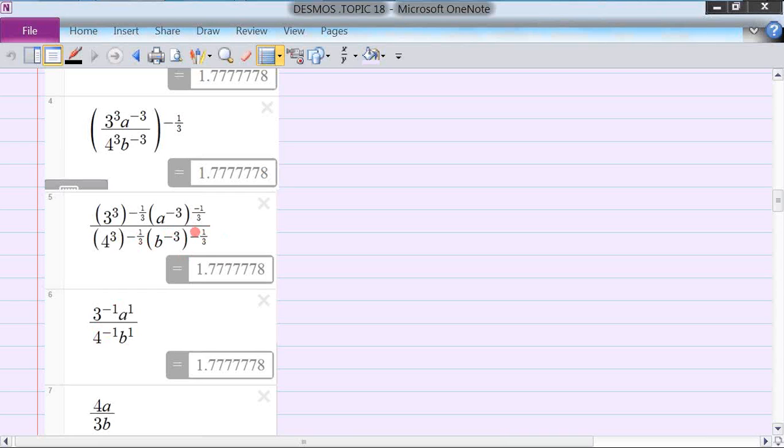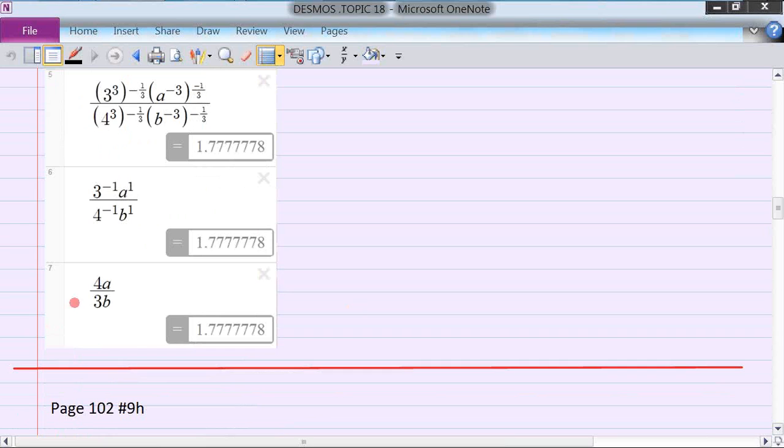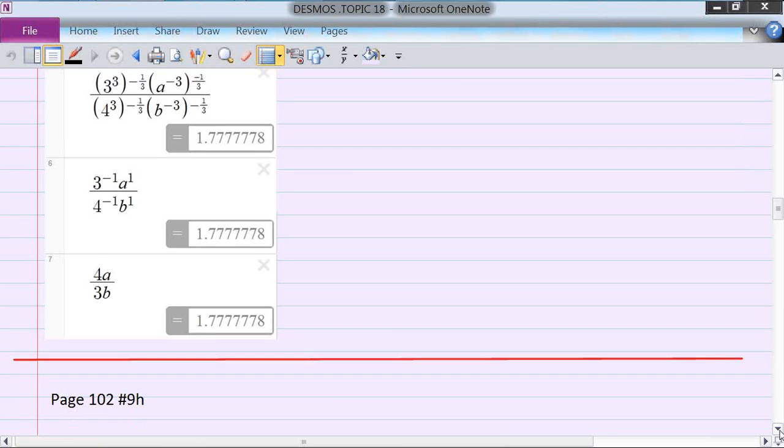And this times that will give me b to the 1. Now I move this down because it's 3 to the minus 1. This is an implied 3 to the 1. And I move this up and it becomes 4a over 3b. These don't change because they have positive exponents. I'm leaving everything with positive exponents, and there's the answer, and that's a simplification.